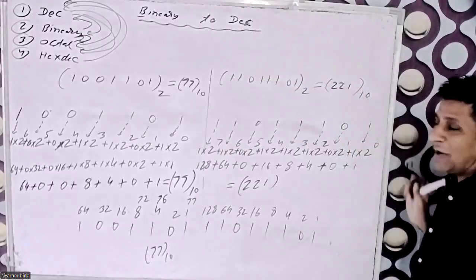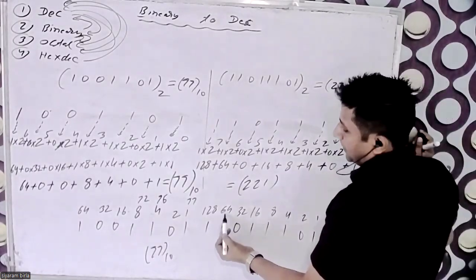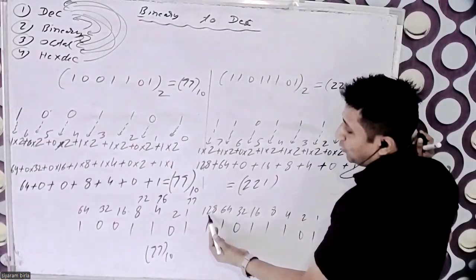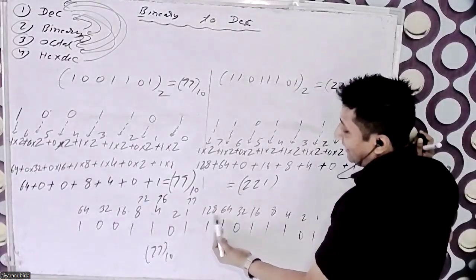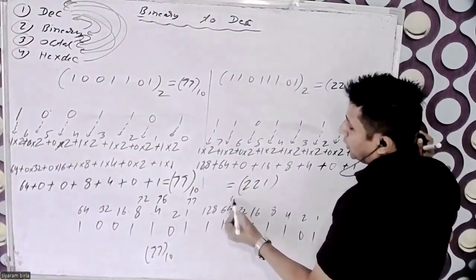So whatever 1 is mentioned, I can consider, and 0 I can remove it. I take 64 from here, given to this one. So it will become 130, 130 plus 60 is 190, 190 plus 2 is 192.